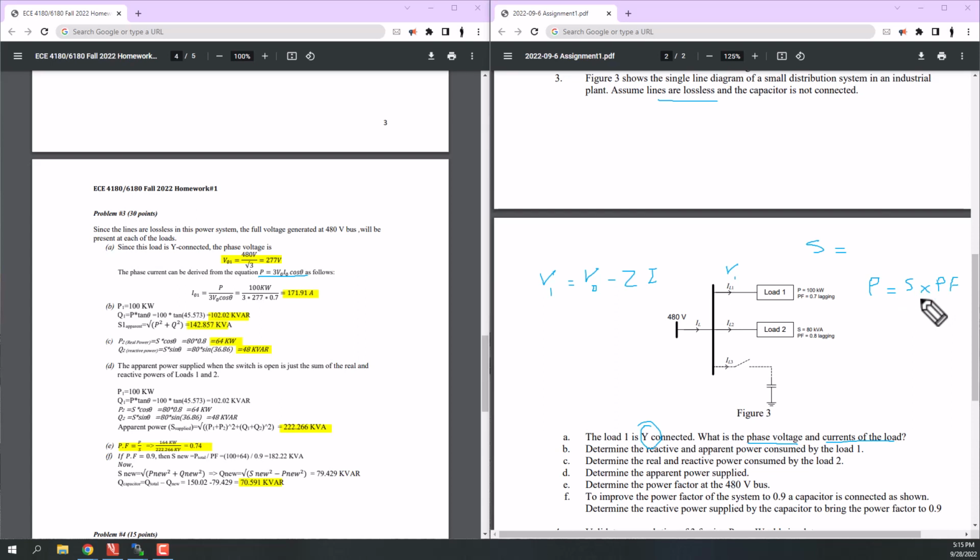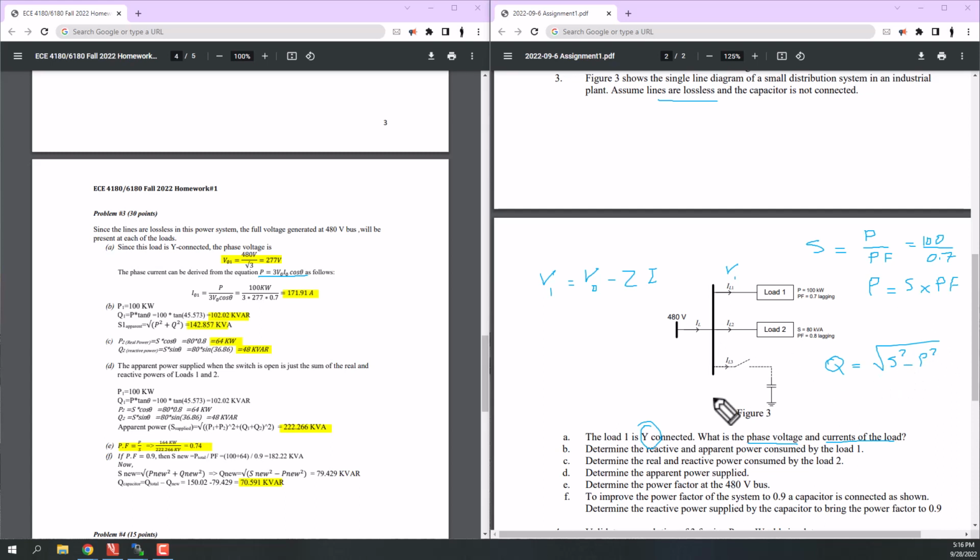So in this case we can say S is P divided by PF. We have P, which is 100, and PF is 0.7. So we have apparent power, and Q is root square of S square minus P square.